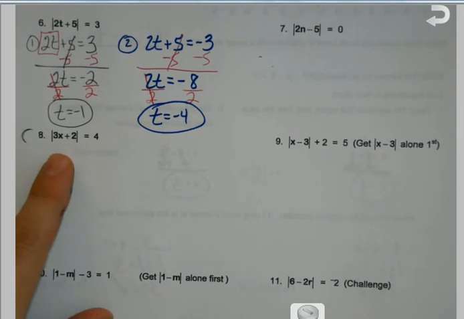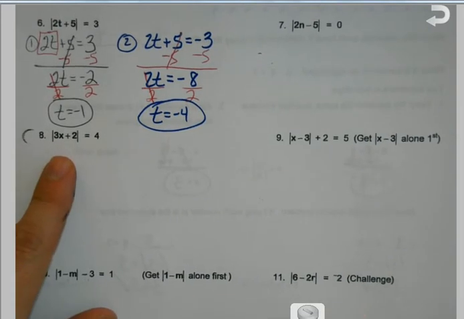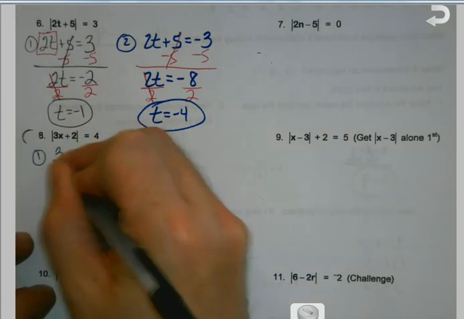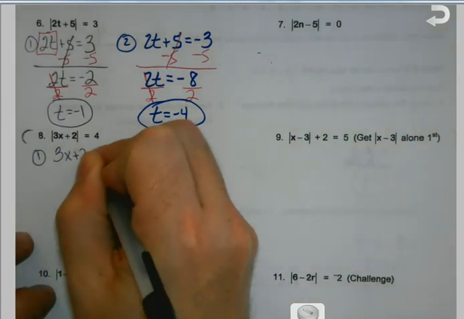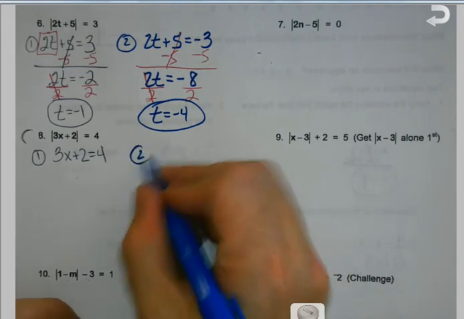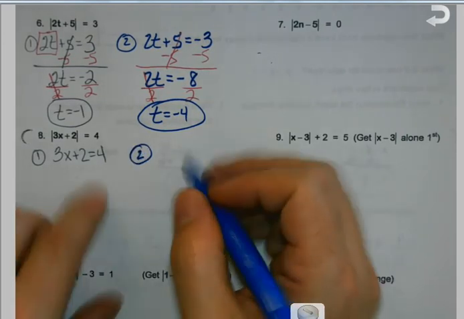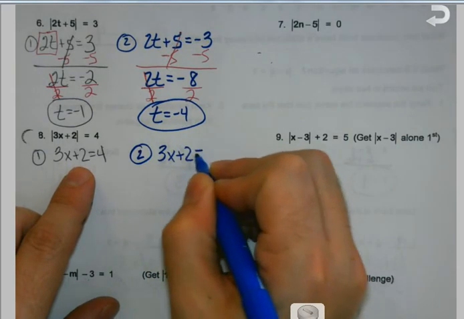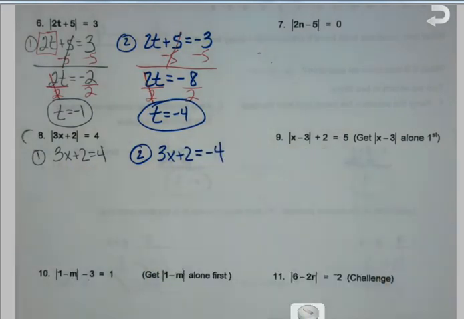So like if we're doing number 8 right below, I'm like, okay, first equation, just copy it. Second equation, copy it, but change the answer to negative.